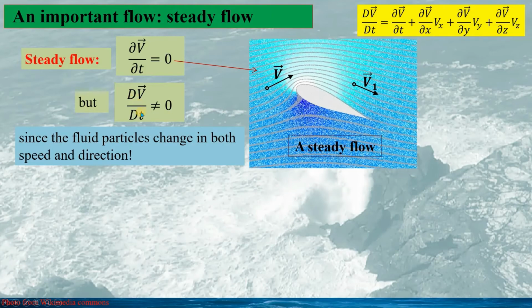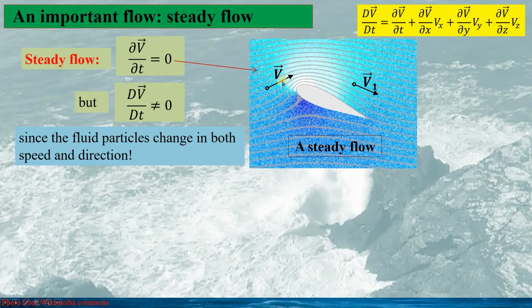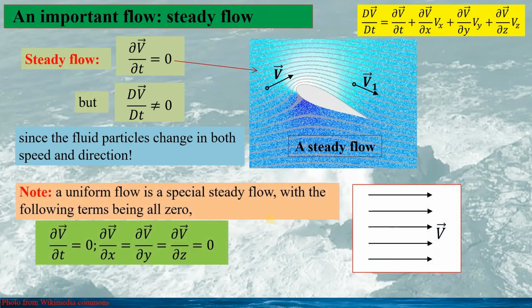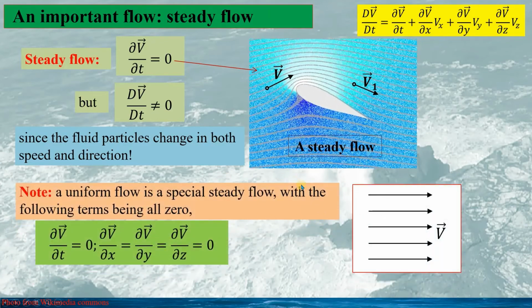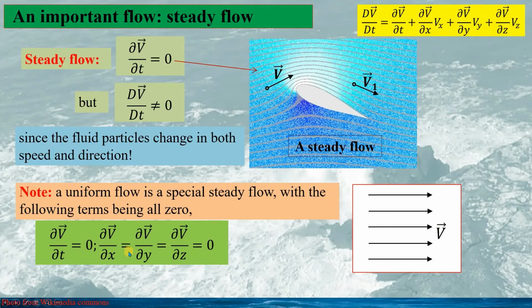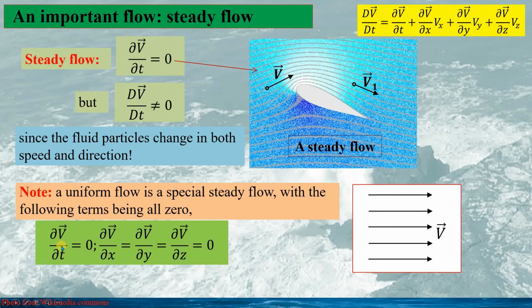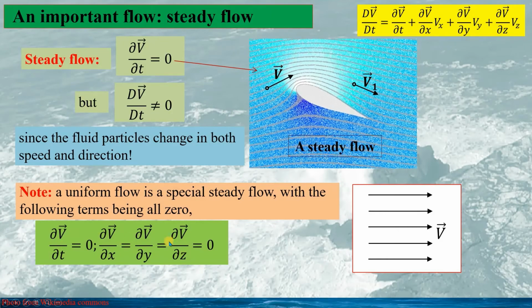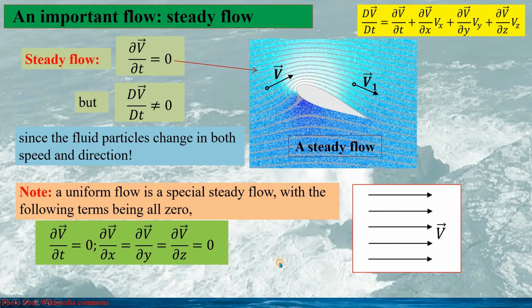That means the substantial derivative of the velocity vector is not zero. A uniform flow is a special steady flow, and all these terms would be zero. The velocity is not changing with the time. The velocity is not changing with the location.